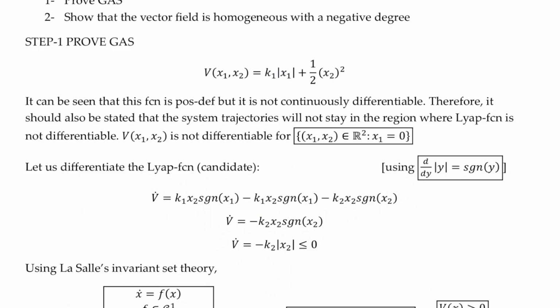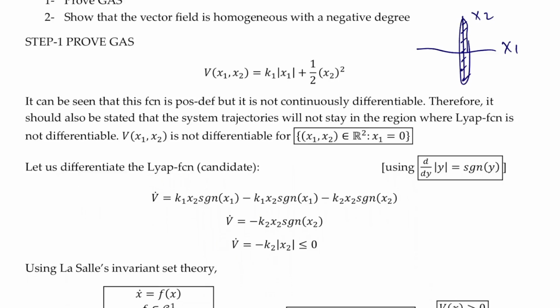What I'm trying to say is that here this is x1, this is x2. When x1 equals 0, meaning this section, we are going to make an analysis using this Lyapunov function, and the analysis that we do will not hold in this set.